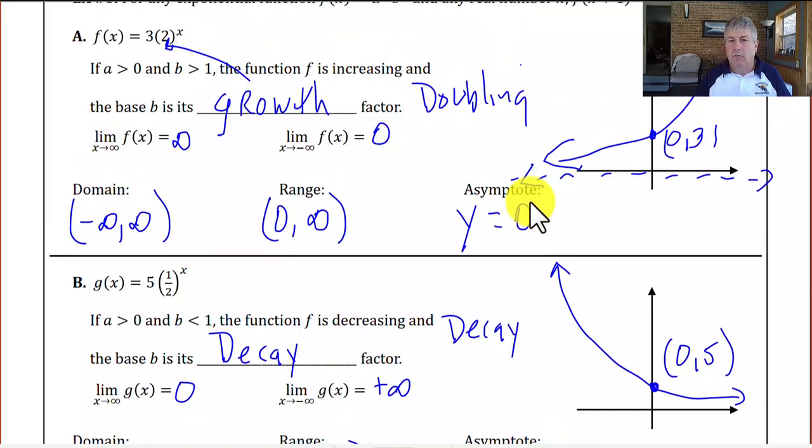So we've done that twice, but it's important to note that we have done a growth function, which rises as you read from left to right, and a decay function, which falls and heads towards 0 as you read from left to right. So it'll be important to note that distinction between exponential growth and exponential decay. And we'll get some more practice with this when I see you in class.